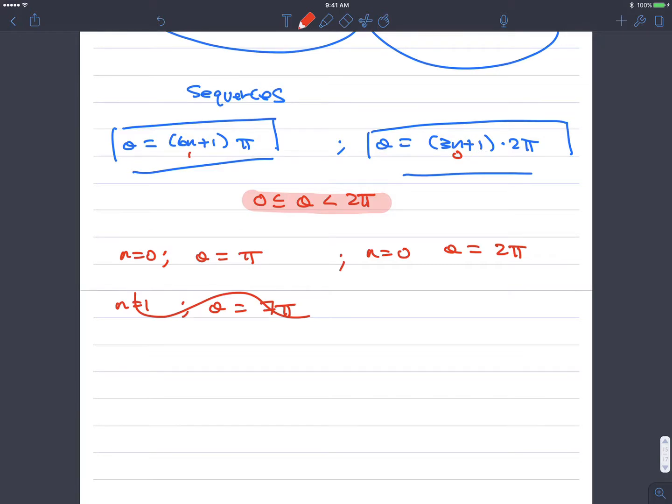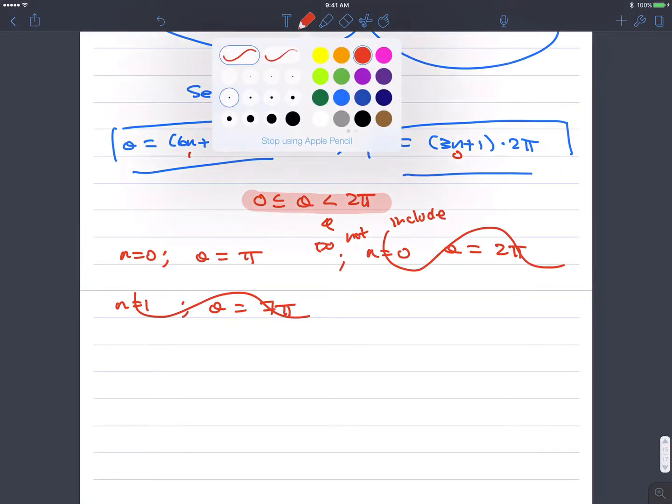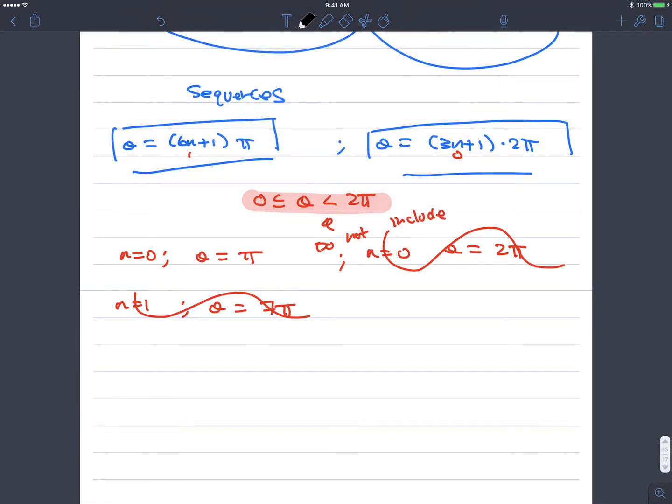Good. Why do you say throw this out? Because it's not included in our restricted domain. The angle 2 pi for theta is not included. You say why? Because this here is a strict inequality. This means do not what? Include the 2 pi. So if you're looking back at the book, what do you think you're going to see as the only solution? Particular solution here. Theta is what? Theta is pi.